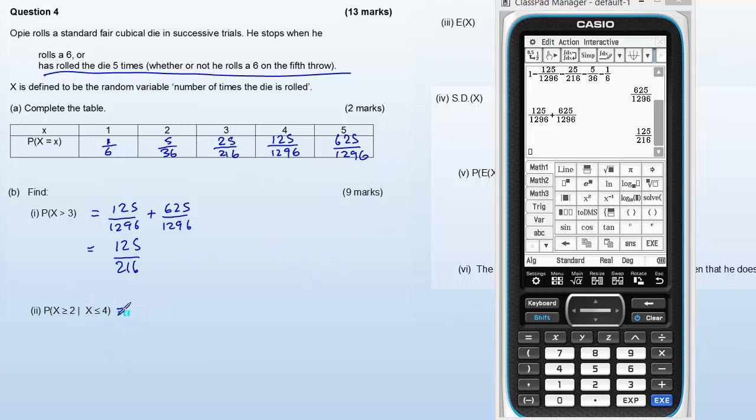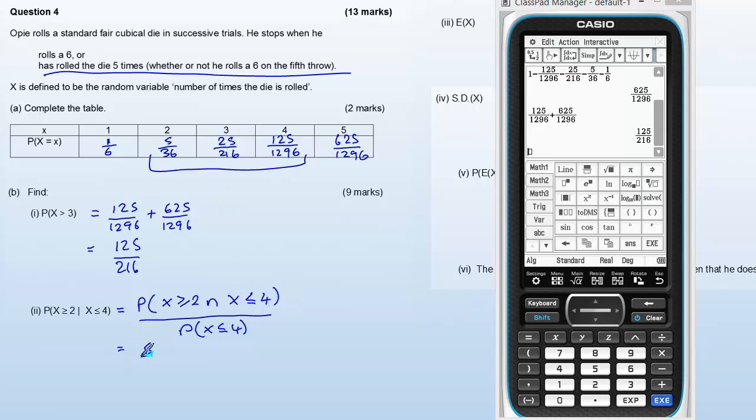Now, probability that X is greater than or equal to 2, given that X is less than or equal to 4, so that's X is greater than or equal to 2, intersection X is less than or equal to 4, divided by the probability that X is less than or equal to 4. So greater than or equal to 2 and less than or equal to 4 means these 3 values.